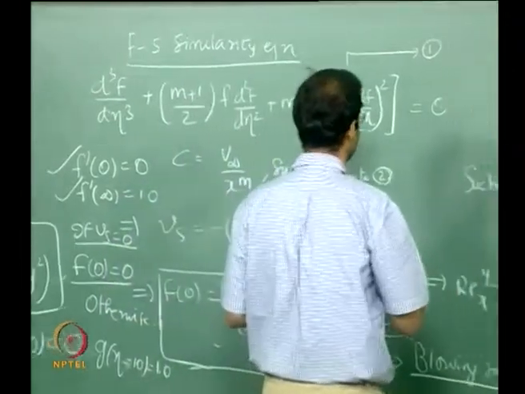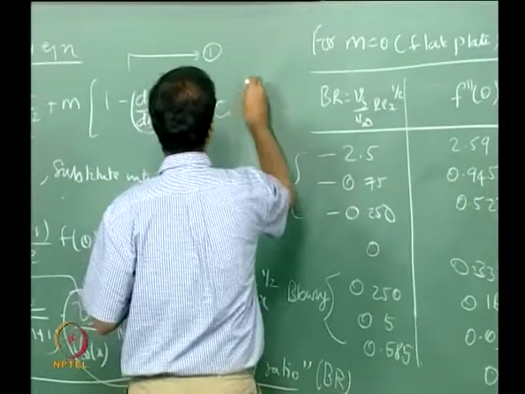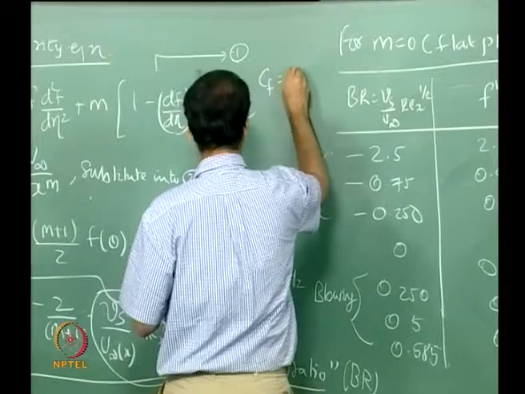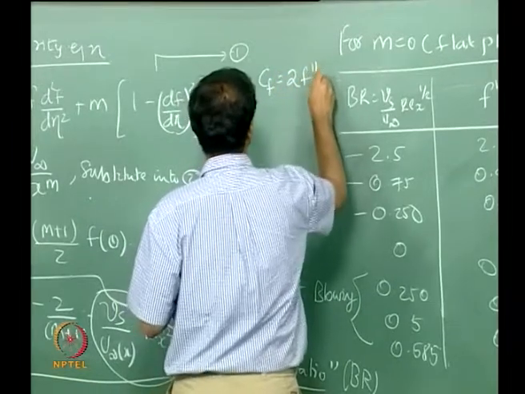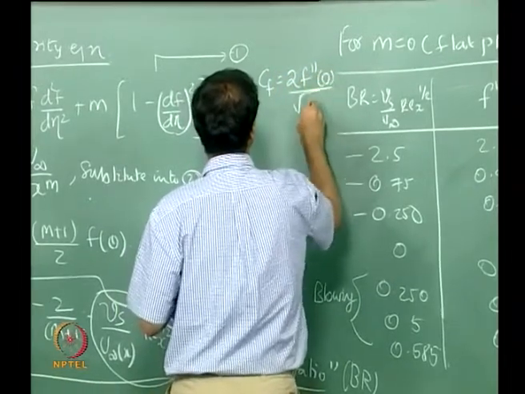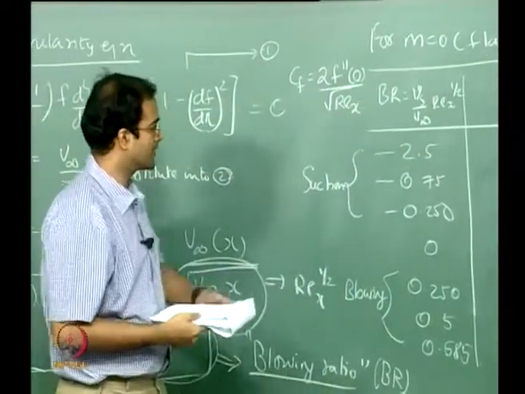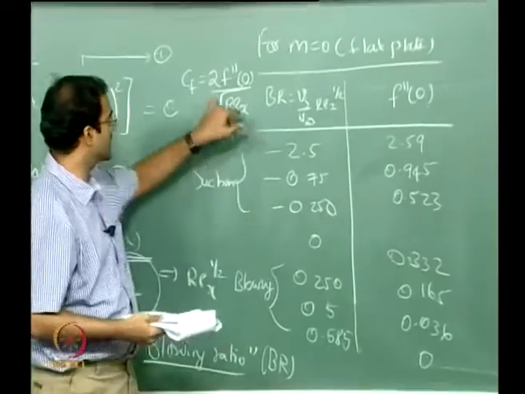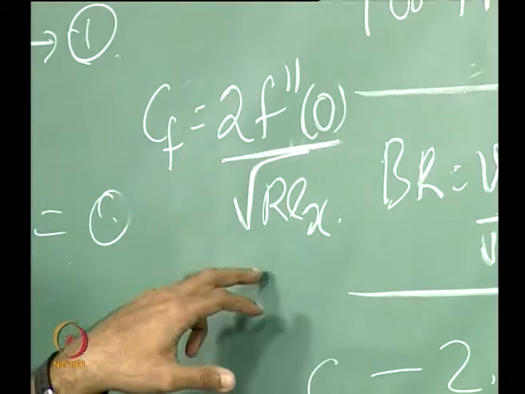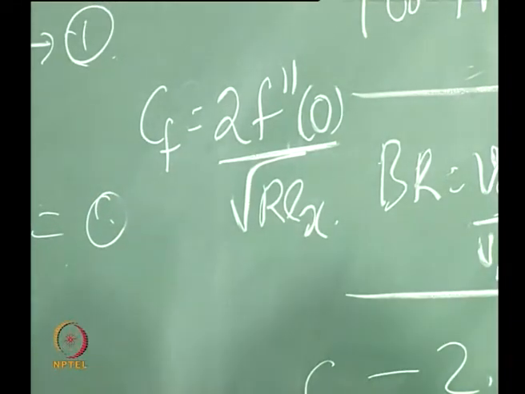Okay, let me also write the fact that the skin friction coefficient is nothing but twice f double prime of 0 by square root of Reynolds number. So for the case of m equal to 0, this becomes 0.664 by square root of Reynolds number, which we derived for the flat plate case.